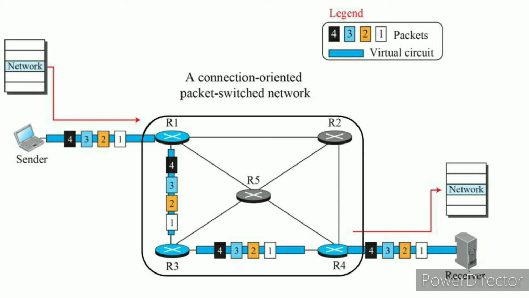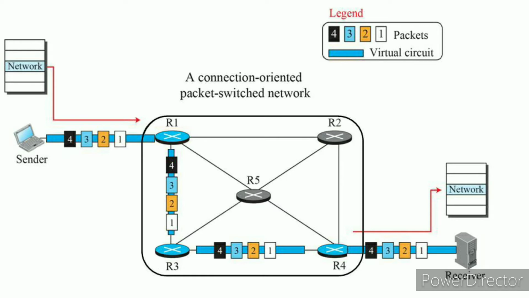Then it will reach the destination, the receiver, which is the final destination. The packets have a relationship with the other packets, so there is no mismatch of packets, and all the packets will arrive in the same order. This is the main advantage of this virtual circuit network.